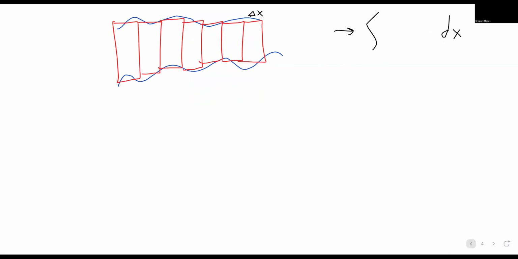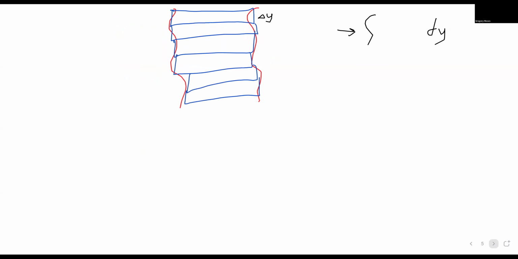When we have a situation like this, we start at x equals a, and we go up to x equals b. Now we're starting here at y equals a, and we're ending there at y equals b.